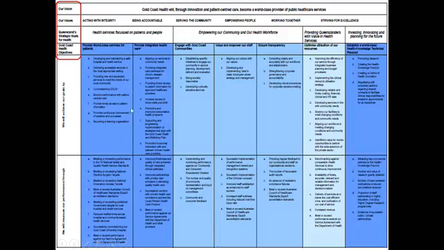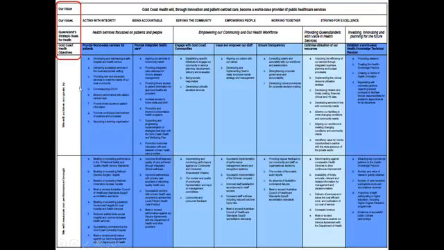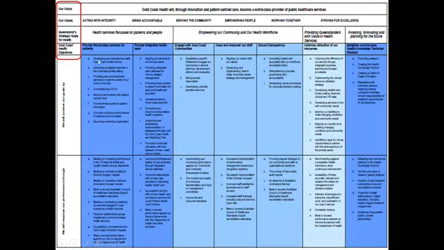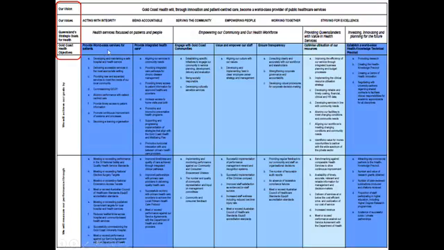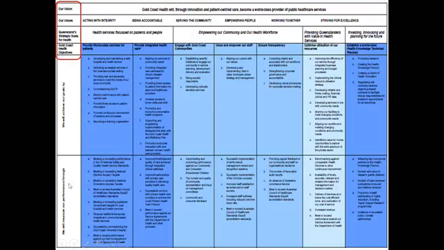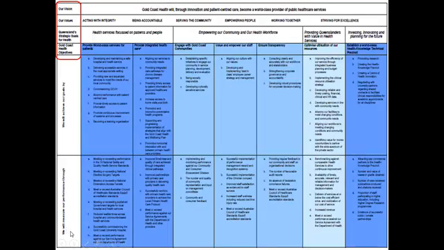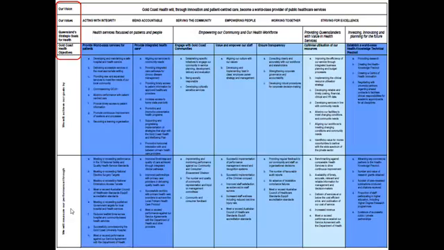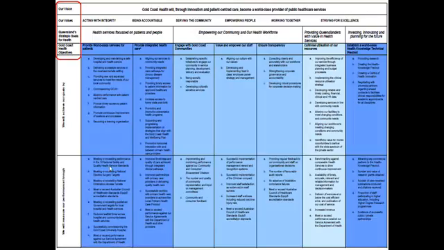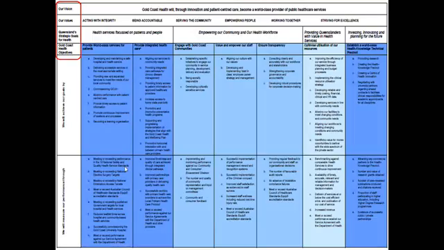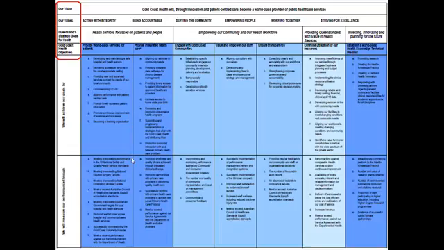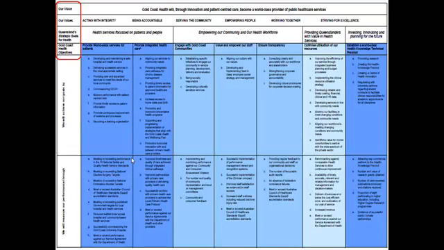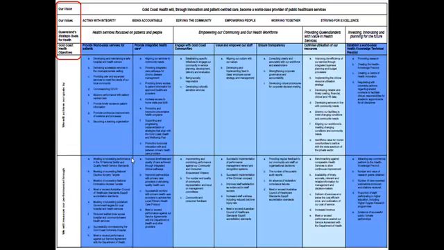So these are more or less the action points, and the whole idea is to have these action points to fulfill this particular objective. And as we move down here, I'll read this for you: we will measure our performance through. So these are all measurements, again, to fulfill those objectives.